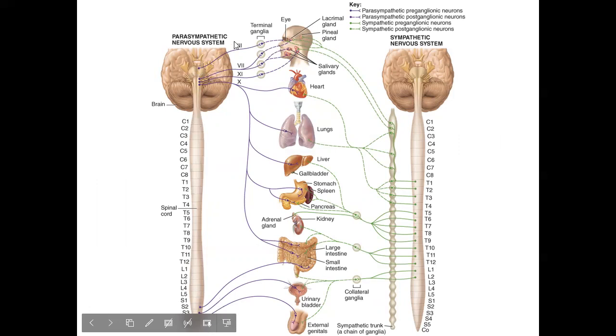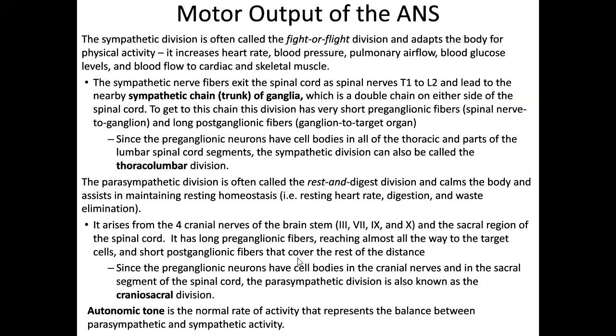And then up here, we can see these Roman numerals telling us that we're dealing with cranial nerves. Notice that we don't include the chains that we saw here. That's because there is no association with those two chains or trunks for the parasympathetic division.